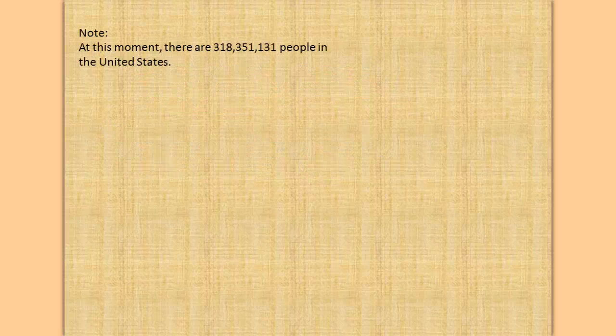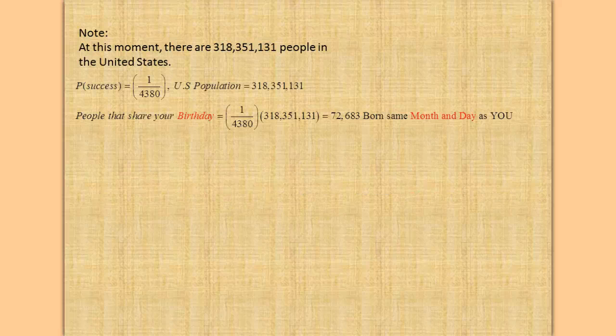Here's a note. At this moment, there are 318,351,131 people in the United States. I got that from the population clock, which I've included in this video. I believe there's a birth every 8 seconds, but it's quite different now than it was when I made this video.